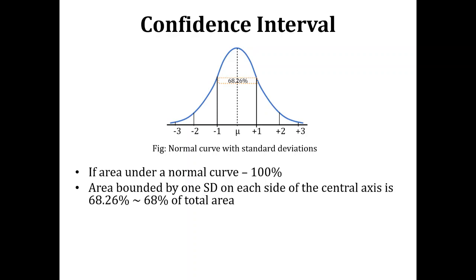So this is going to cover 68% area of this normal curve, right? So if the total area of the curve is 100%, then 68% of the area is bounded by -1 plus 1 standard deviation around the central axis. Now, how do we interpret this?